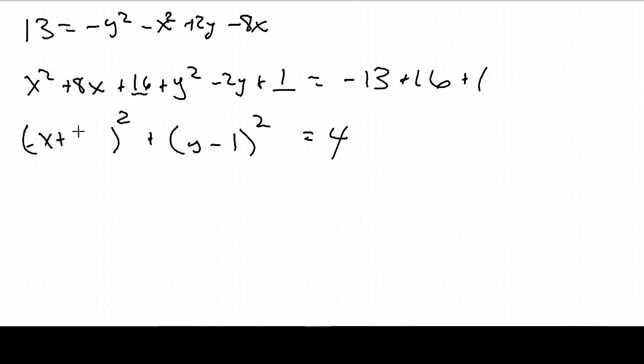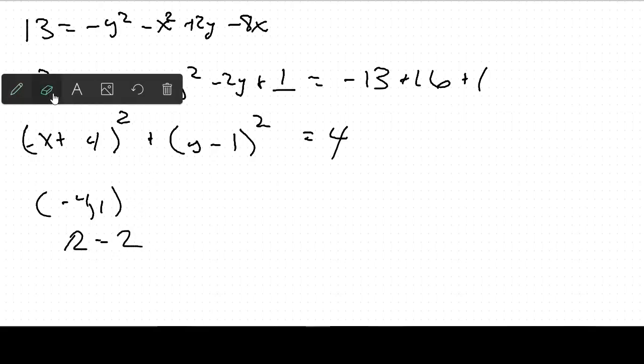You take the square root of that. I keep forgetting about that. That's just square. Good. So the center would be 1, -4. Other way around. So -4 would be x and then 1. -4, 1. And your radius is 2. All right.